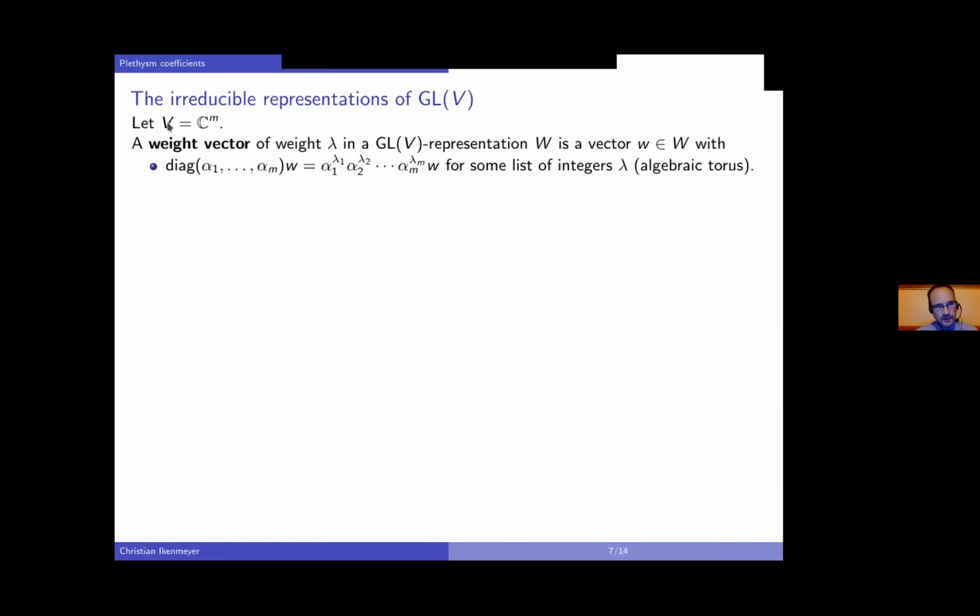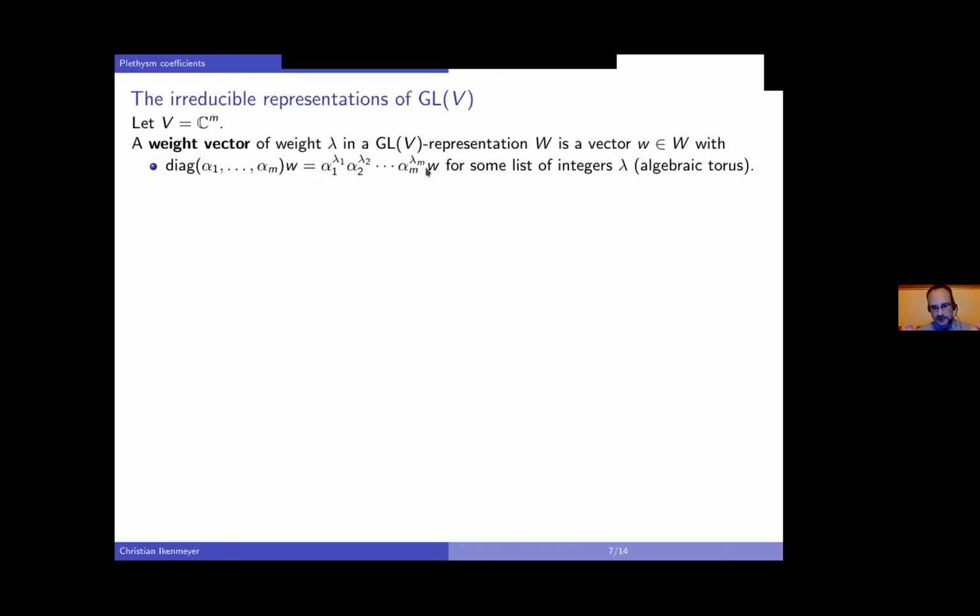So let's just assume our vector space V is C to the m, okay? And now what's a weight vector? A vector of a certain weight lambda in any GLV representation W is a vector where if you act on that vector with a diagonal matrix, a matrix that has alpha 1 up to alpha m on its main diagonal and the rest is all zeros, then that vector just gets rescaled.